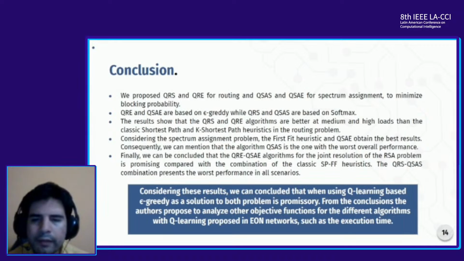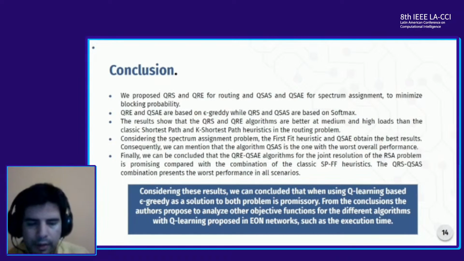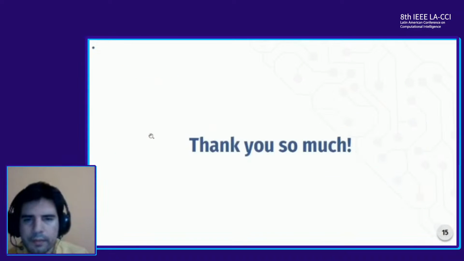From the conclusions, the authors propose to analyze other objective functions for the different algorithms with Q-learning proposed in optical networks, such as the execution time. Thank you so much for your attention.